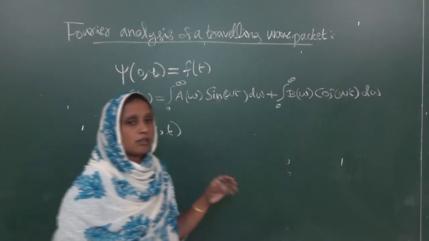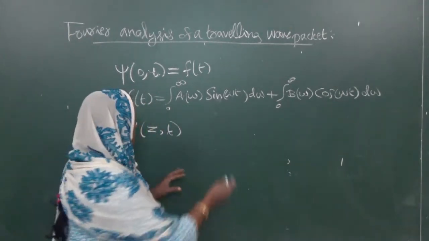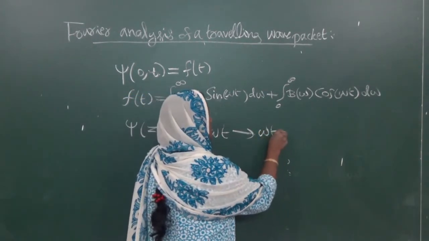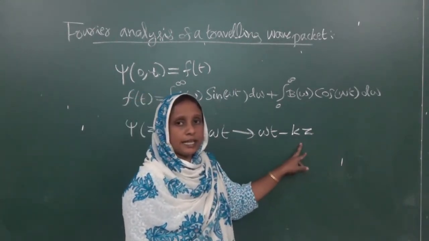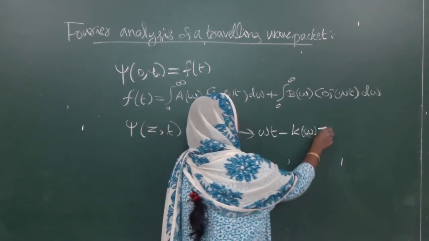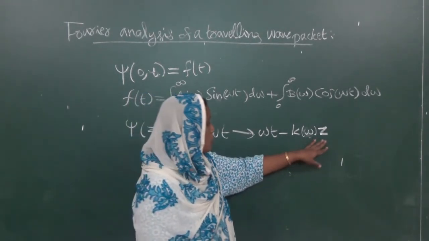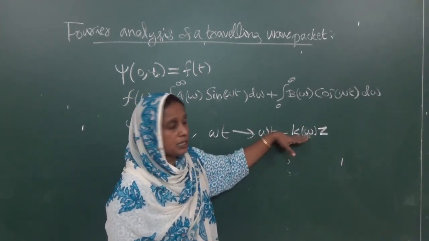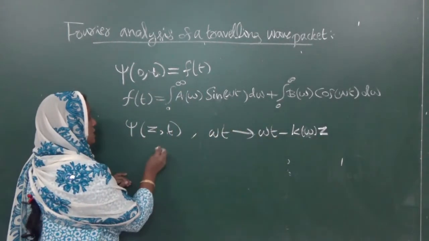But if there is z, that means the wave propagates through the medium, so ωt transforms to ωt minus kz. As we all know, this k depends on frequency ω, so this expression is ωt minus k(ω)z. So replacing ωt with ωt minus k(ω)z in this equation, we get ψ(z,t).